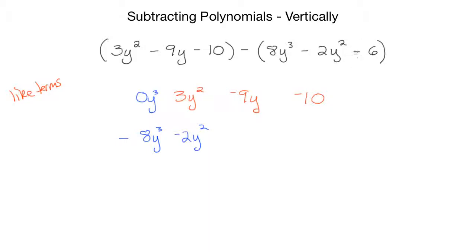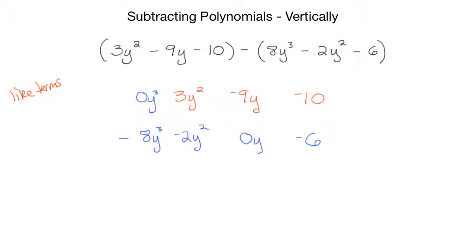I don't have any term to y to the first, so I'm going to put a 0 here, and I've got a negative 6 there. So all I did was line everything up by like term. I put some zeros for some placeholders, so there's a 0y there, and I put my subtraction sign right there.